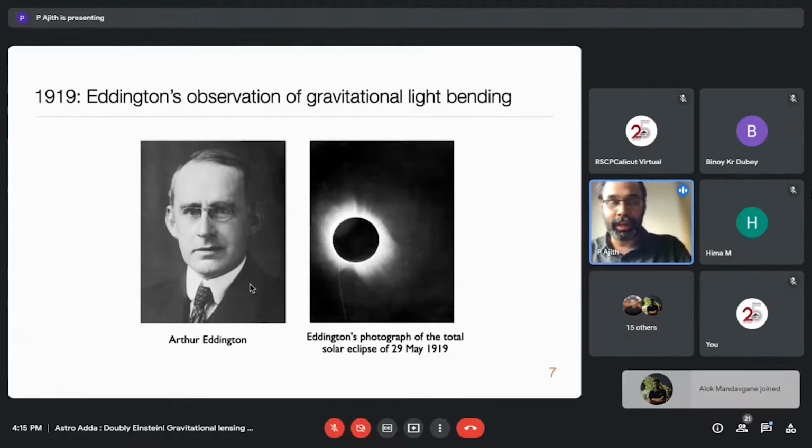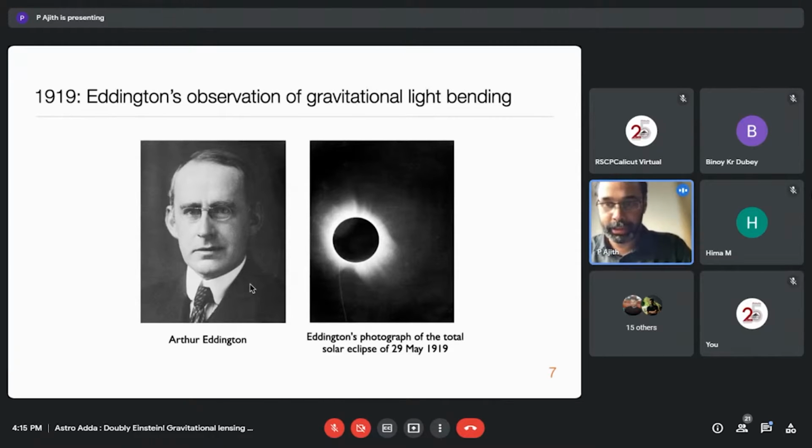So this is what was done by two teams of astronomers led by British astronomer and physicist Arthur Eddington during a total solar eclipse in 1919. And a couple of years ago, we celebrated the centenary of this remarkable observation by Eddington and his colleagues.